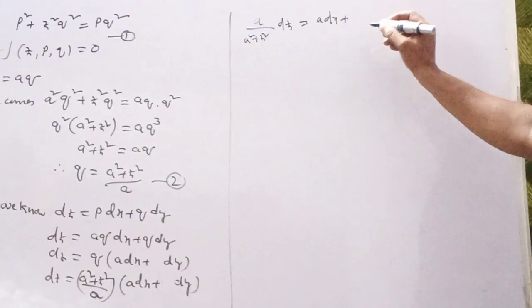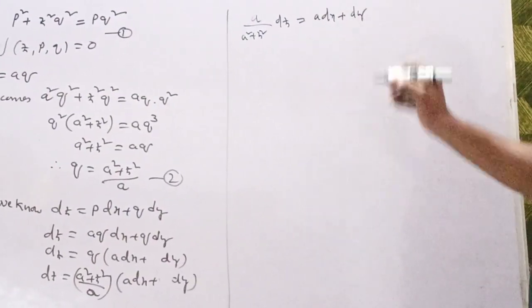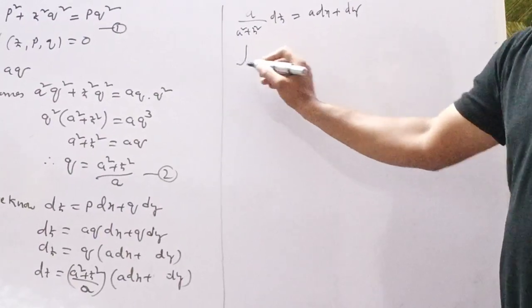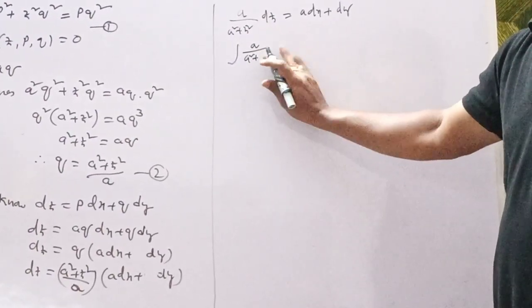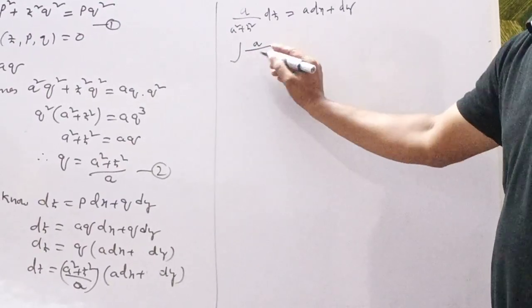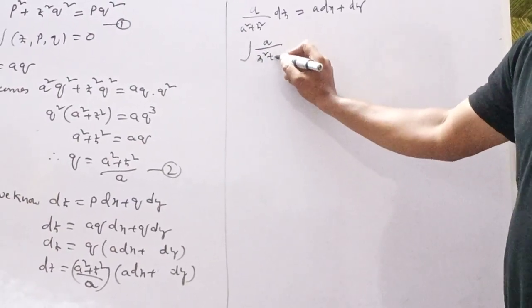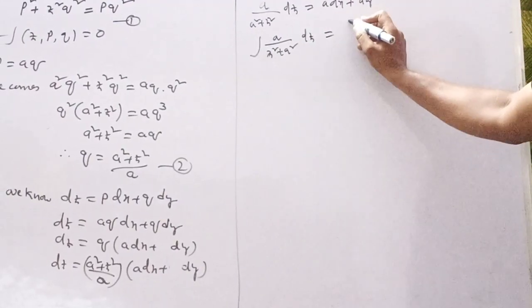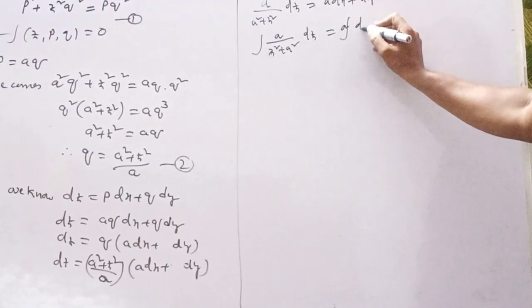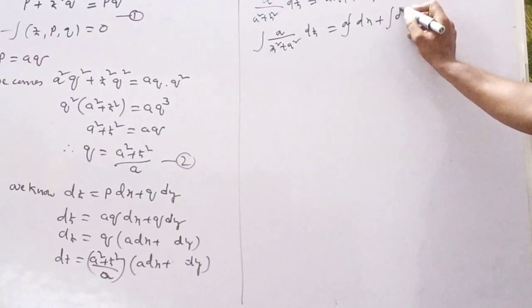So integral a by a square plus z square dz, you rewrite as z square plus a square, equal to integral dx plus integral dy.